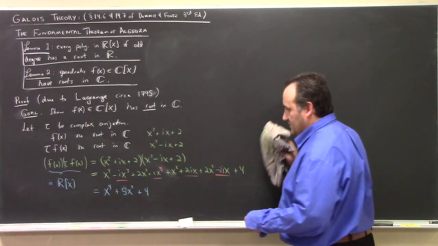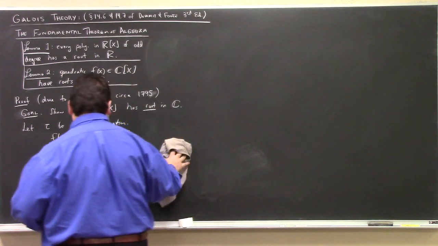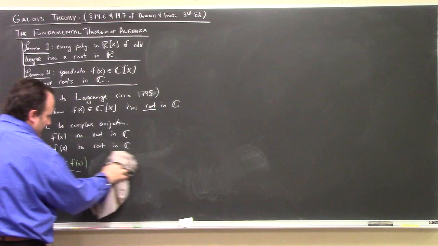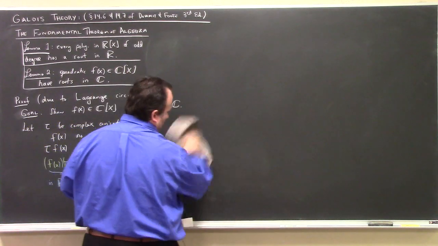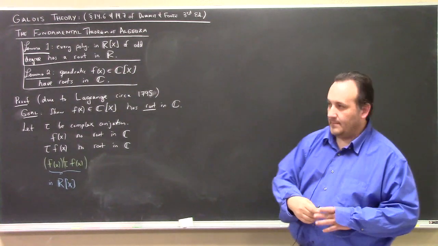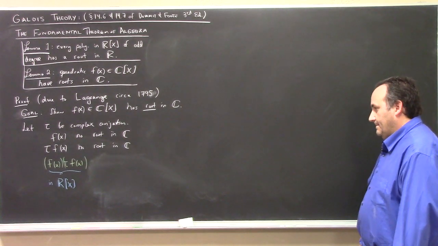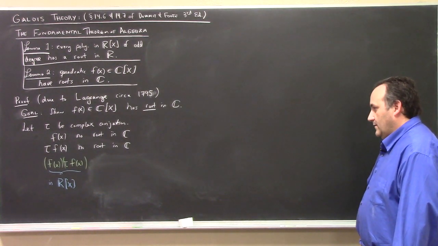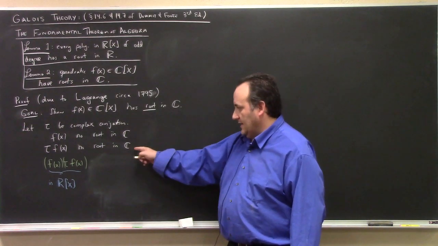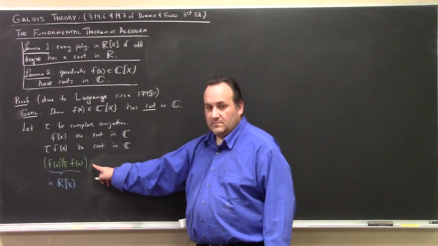Let me erase all this calculation that was kind of fun. Okay, so we're saying that if you take any arbitrary complex polynomial, multiply by its conjugate, you get a real polynomial. That real polynomial has roots in C. Therefore, the complex polynomial has to have roots in C. Well, if this has no root in C, and that has no root in C, then this also has no root in C, right?